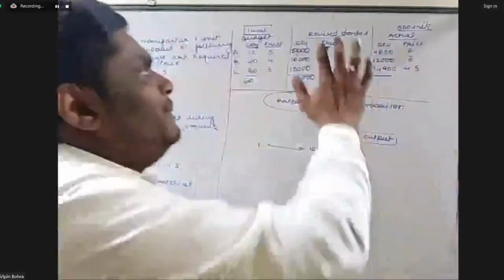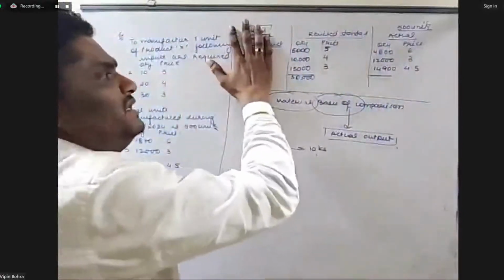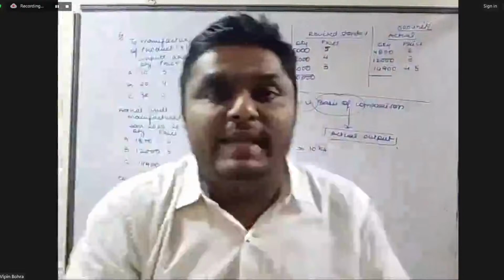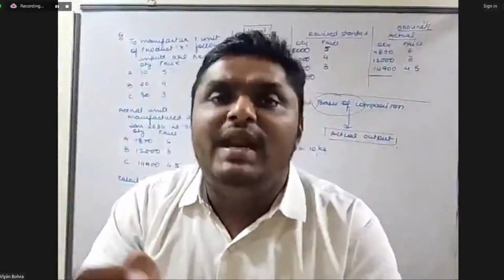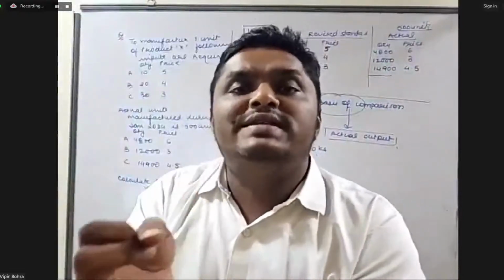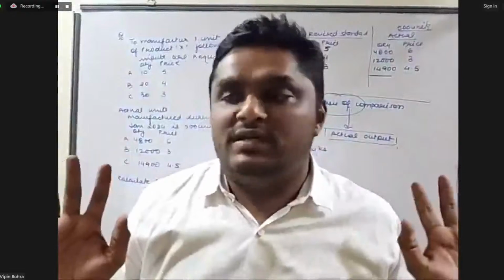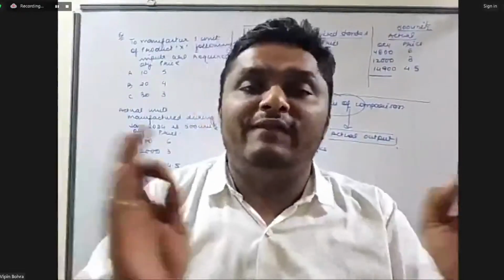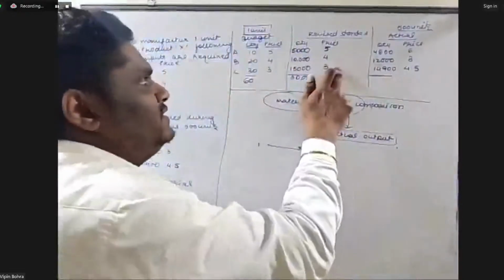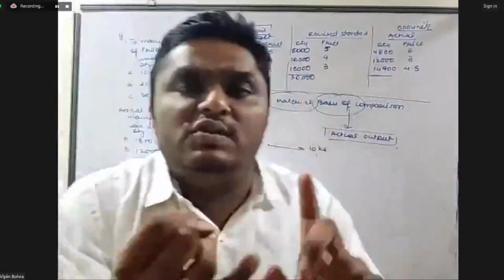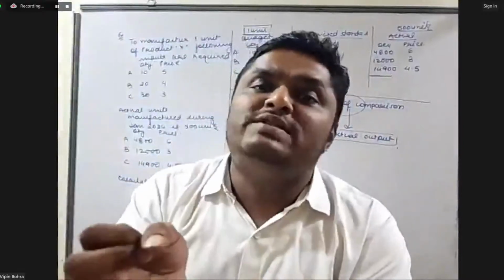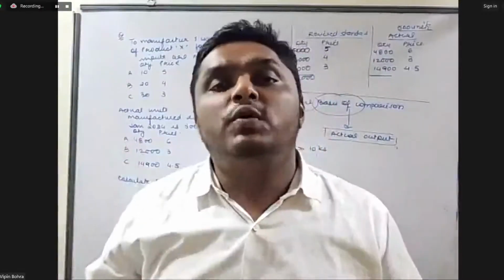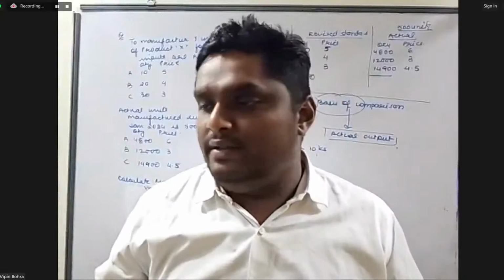So no need to prepare revised standard. If the budgeted output and actual output are same, no need to prepare revised budget. First, check the output. If the output is different, prepare revised budget. See, budgeted data is also given for 1 unit and actual data is also given for 1 unit. Then no need to prepare revised standard.